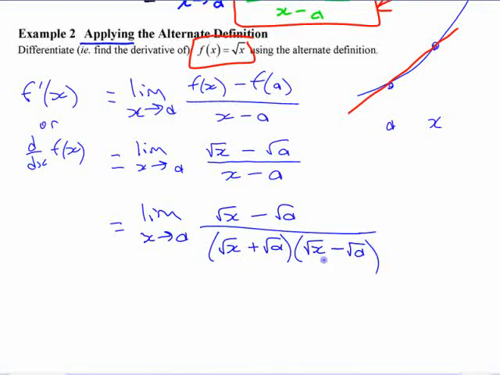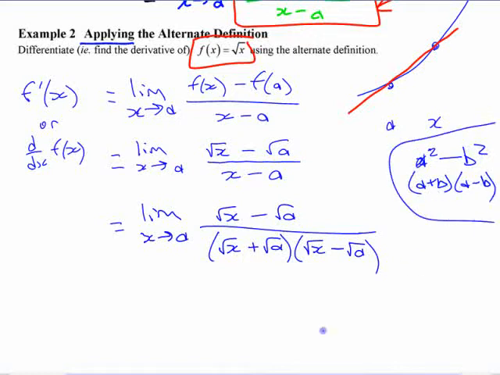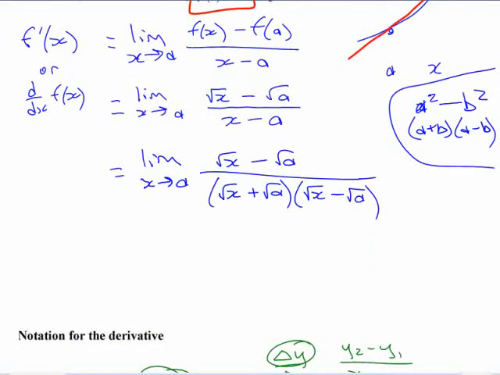I mean, multiply that out and you see it works, right? Because the middle term is going to cancel. It's the same as how you can make a squared minus b squared into a plus b, a minus b, right? Okay, just factoring it like that. Now you can simplify it by canceling out that whole factor.